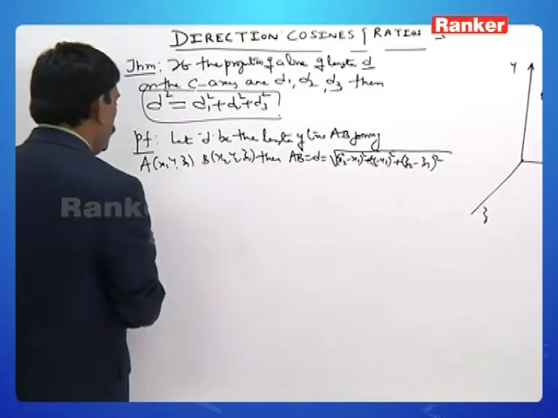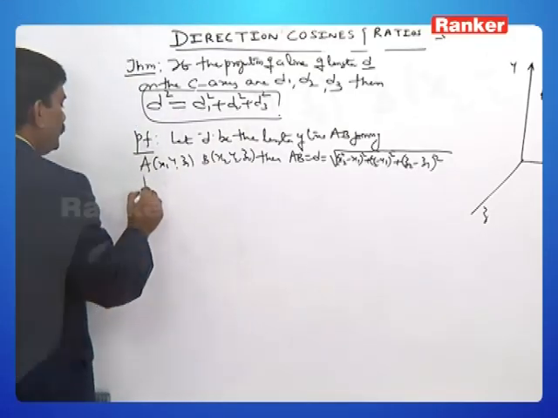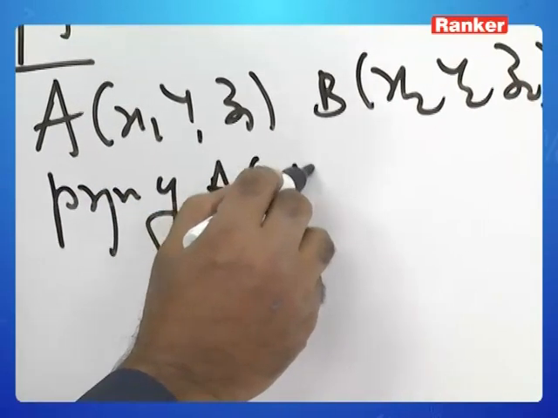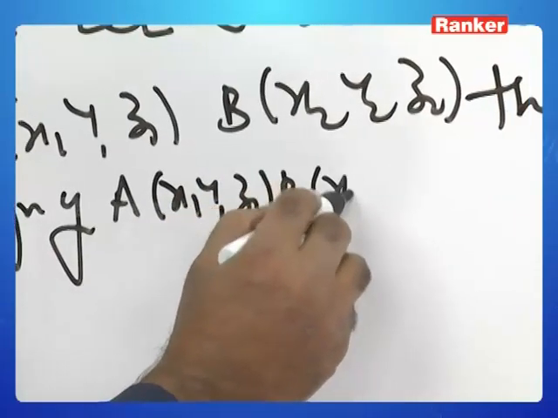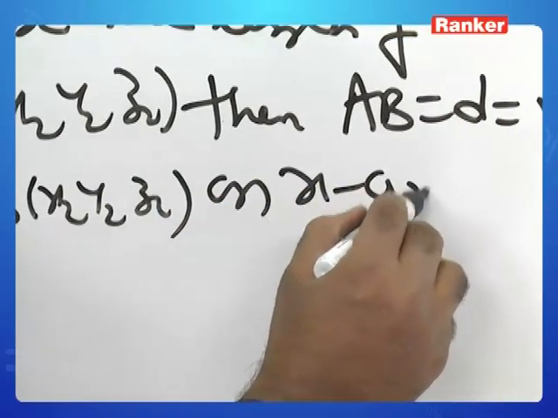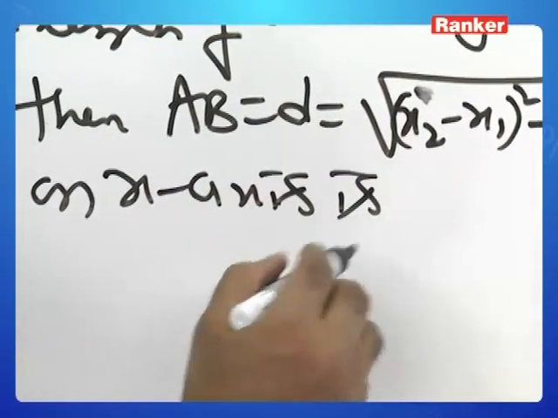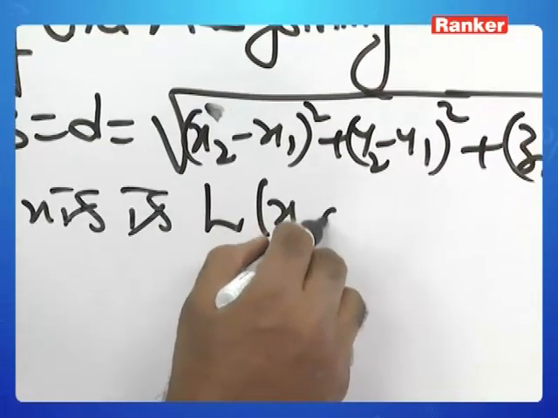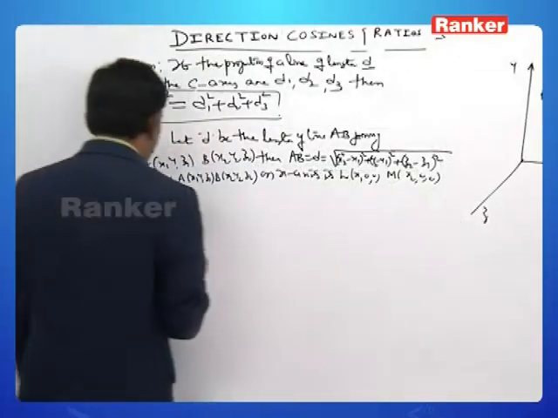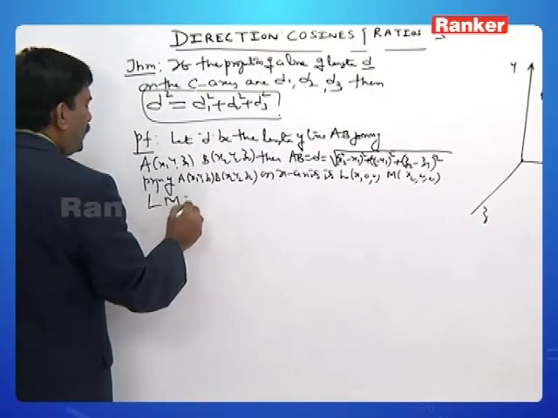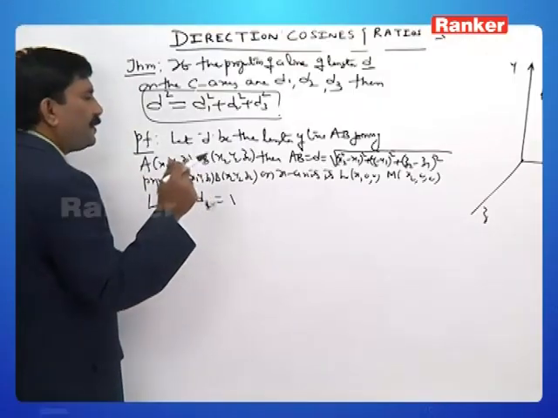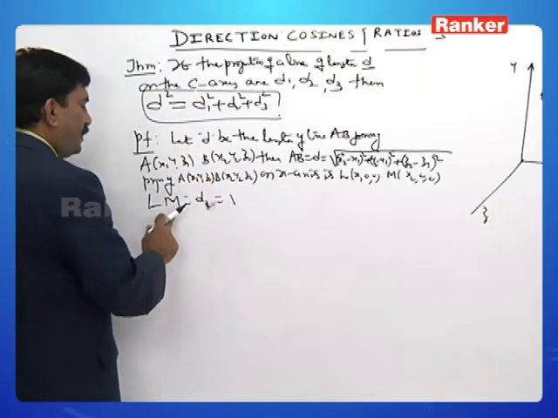This is d. Now, the projection of A of x1, y1, z1, B of x2, y2, z2 on the x-axis is L of x1, 0, 0, M of x2, 0, 0. So d1 is the length of the projection of AB on the x-axis, that is LM.